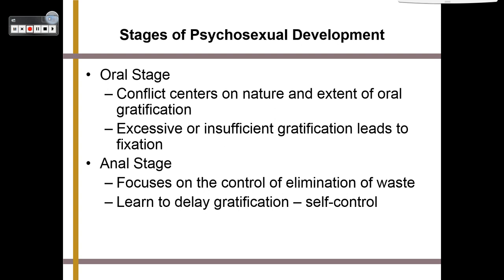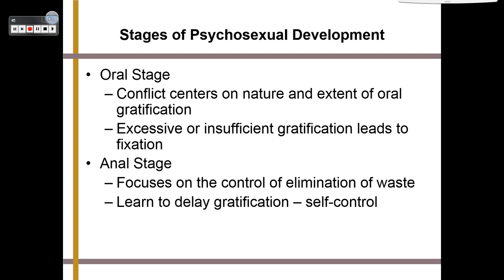The anal stage is the second stage, and it focuses on the control of elimination of waste. So again, we're not talking about anal sex here. We're talking about the pleasure that a toddler gets from learning to control their bowels. When you think about it, they're learning to delay gratification.